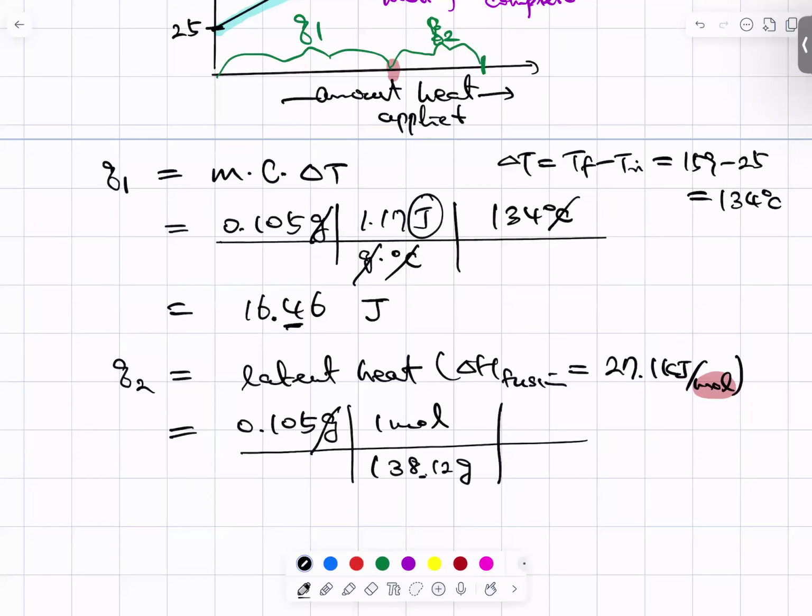Now we are ready. Grams of salicylic acid cancels out. It is converted to a mole number, and 27.1 kilojoules of energy is required to melt 1 mole of solid.